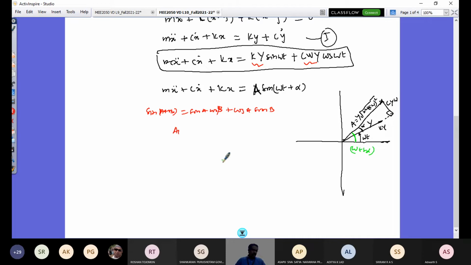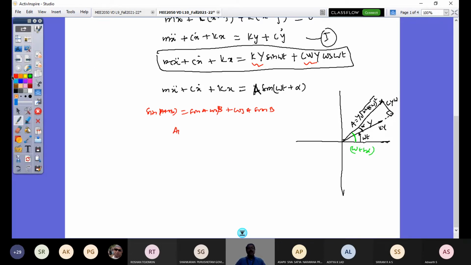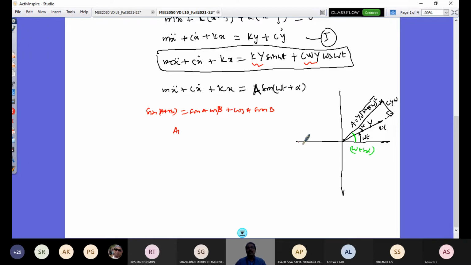Now my response would be thought of like this. So x of t for this, what is my response? The response would be in this way. So this is x. And since the spring is there, I will have kx.